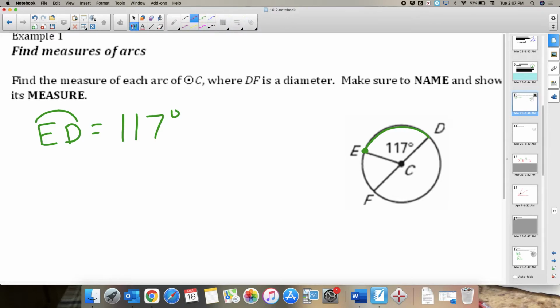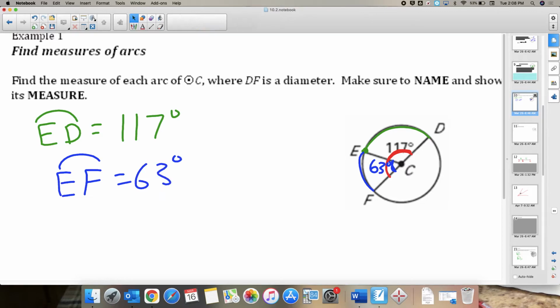Now remember, DF here is a straight line, so it would have to be 180 degrees. That means the measurement of angle ECF here would have to be 63 degrees. So arc EF will also be 63 degrees.